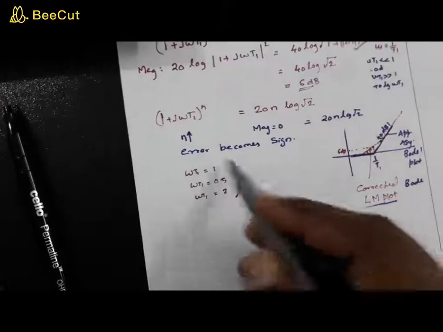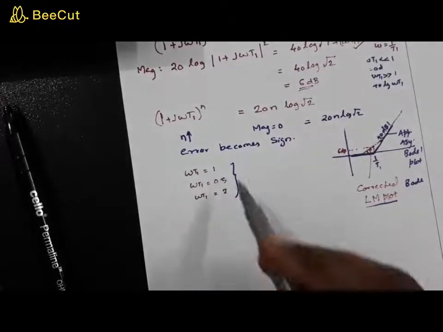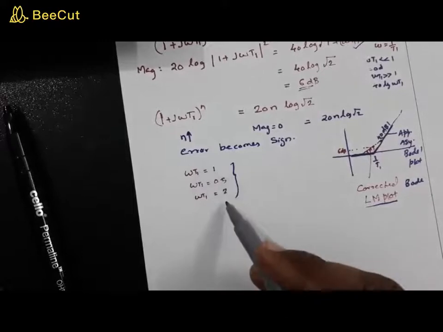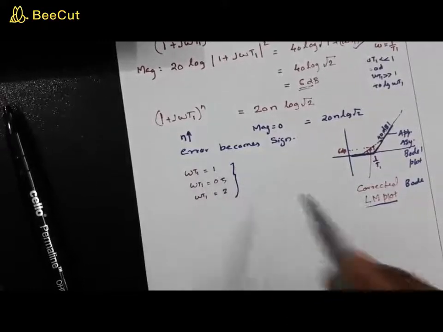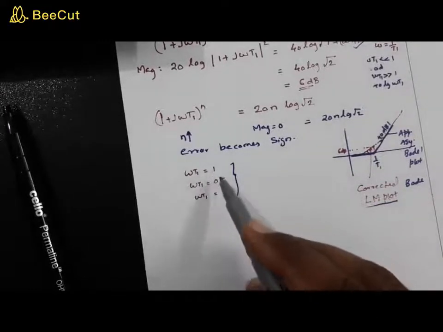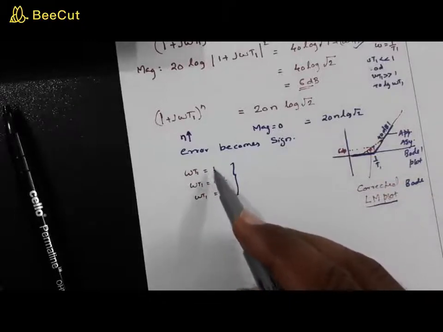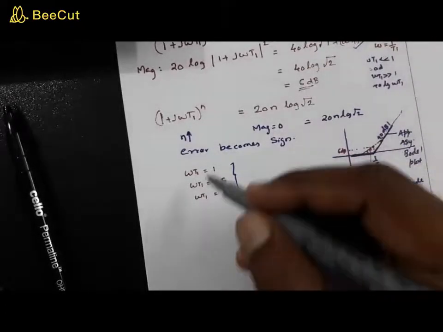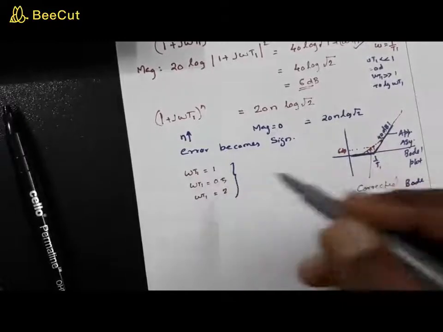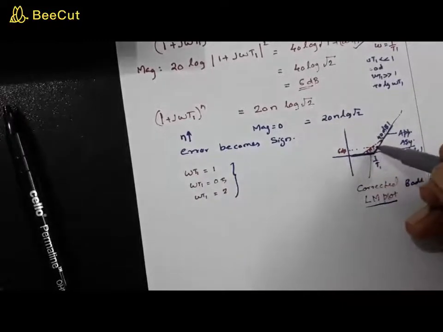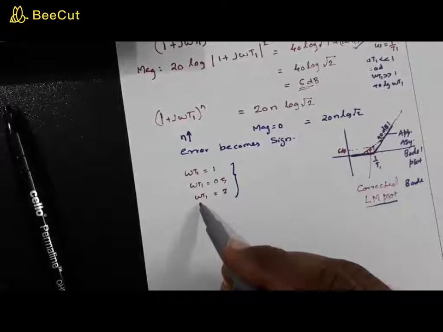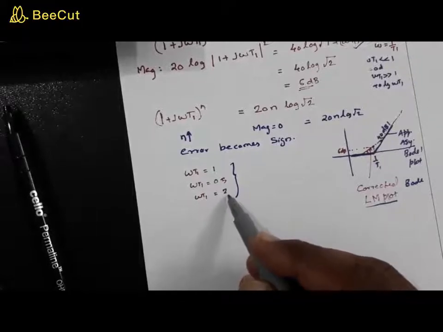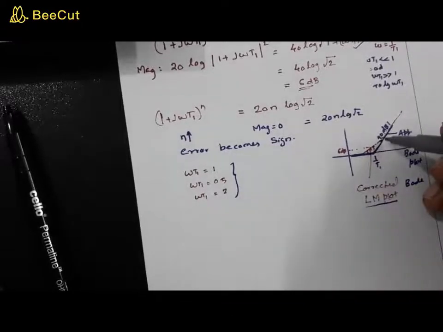Obtaining that, you will be able to get some values. For these two cases we assumed that this was 0, but it was not 0, as we can find out from here. So obtain some points at 1, 0.5 and 2. You will get 3 points, mark those points, and as omega t1 increases to higher values, it will almost follow this asymptotic Bode plot.